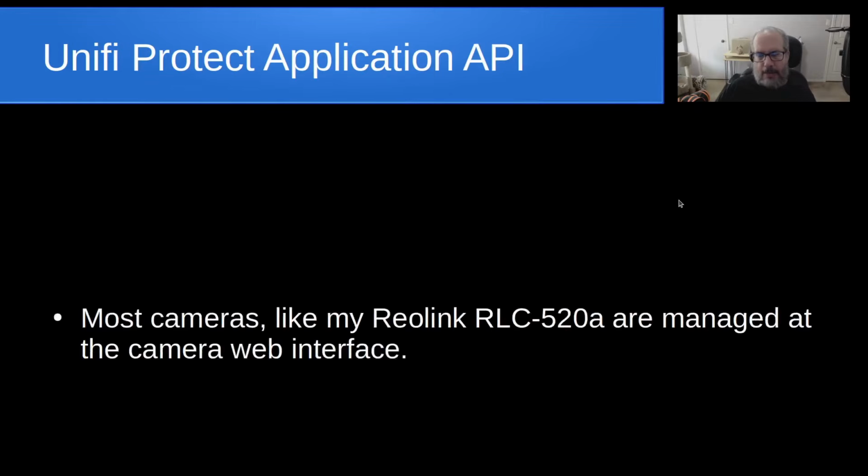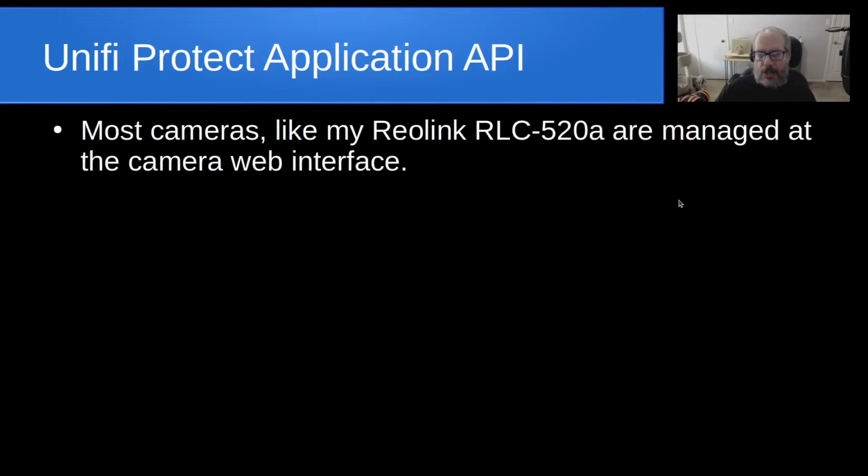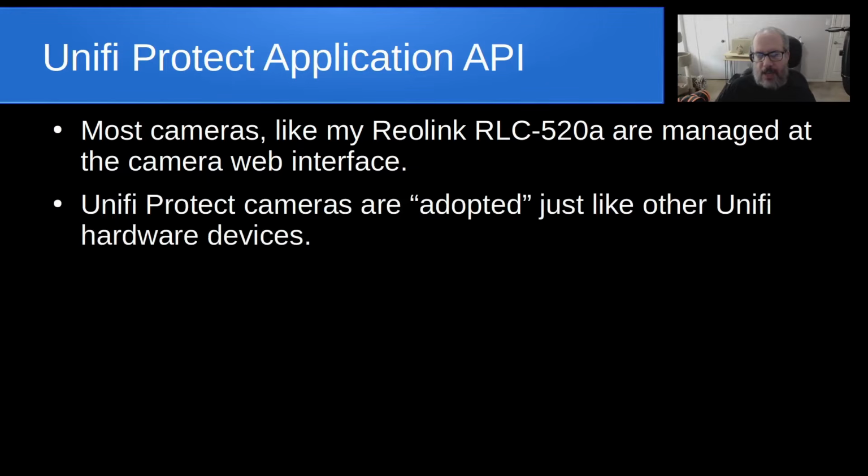So my discussion today really is around the idea of the Unifi Protect Application API. So most cameras, again, like my Reolink RLC 520A, are managed at the camera web interface. And Unifi Protect cameras are adopted just like other Unifi hardware devices, like their switches and their access points, or even their phones for Unifi Talk.